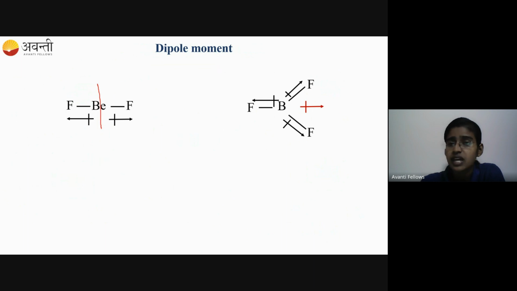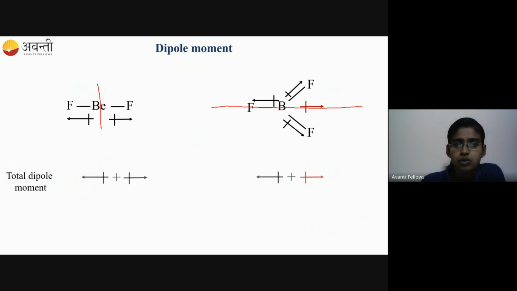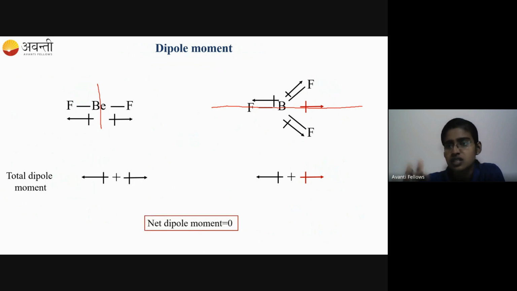In this case, dipole moment will be 0. Here also you see BF3, if I cut this molecule in this manner, I will get two equal halves, right? So the dipole moment will be 0. The dipoles are equal and opposite in direction, so the net dipole moment will be 0.